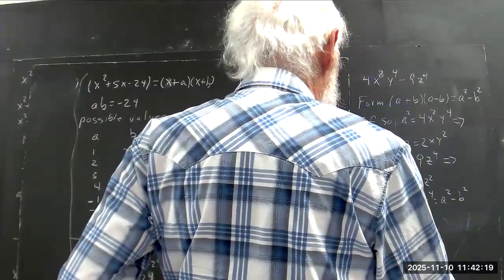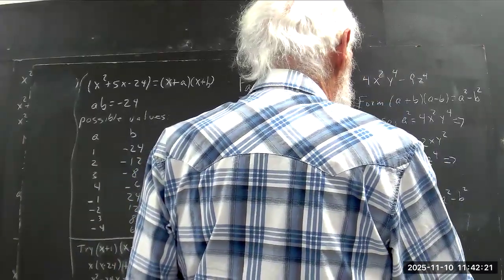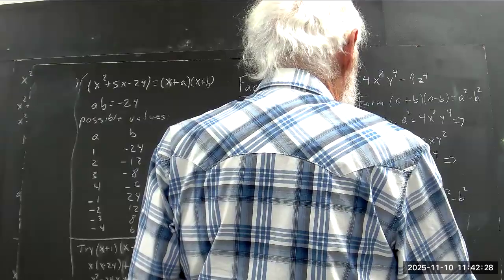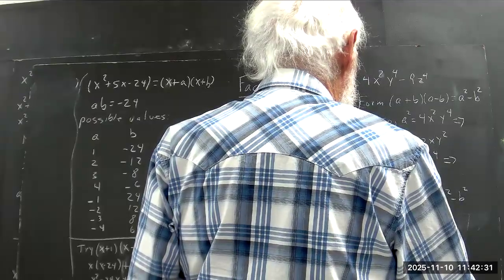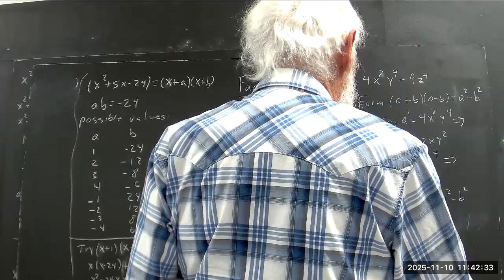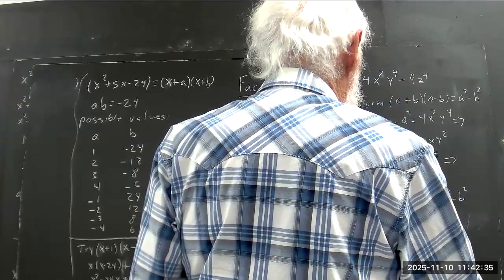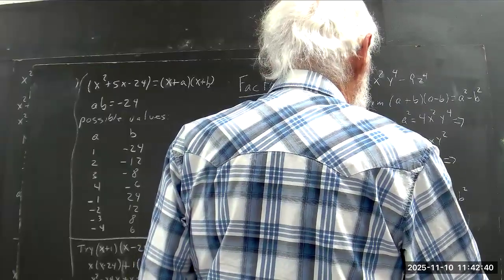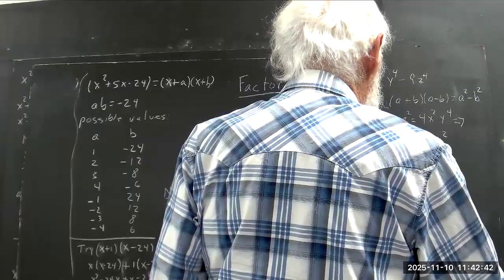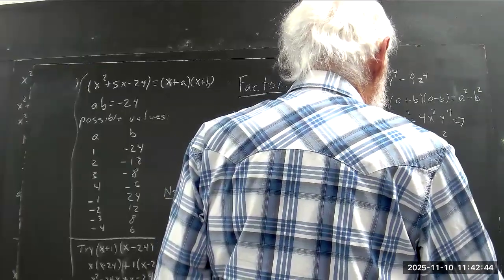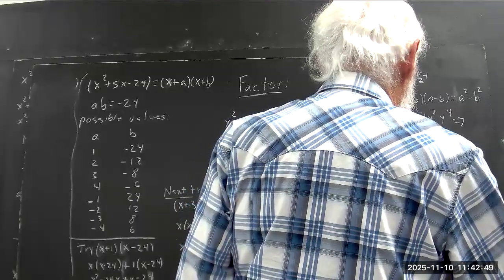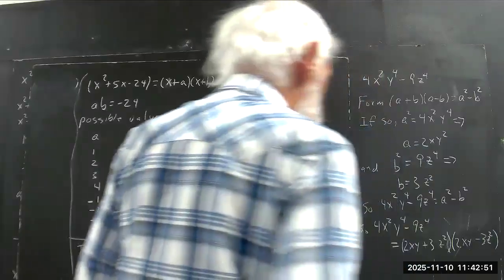I'll write the equals down here, equals 2xy squared plus 3z squared multiplied by 2xy squared minus 3z squared.